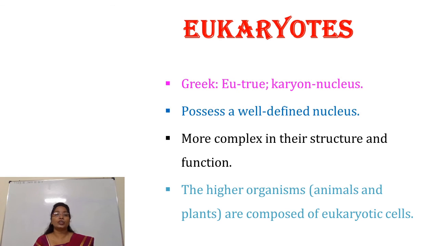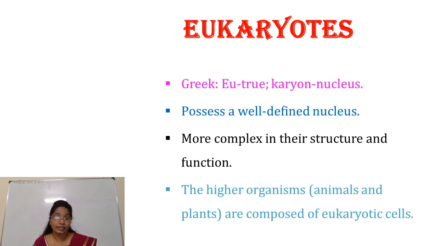Next is eukaryotes. As I said, eu means true and karyon means nucleus. So, they possess a well-defined or well-organized nucleus. As compared to prokaryotes, eukaryotes are more complex in their structure and function.